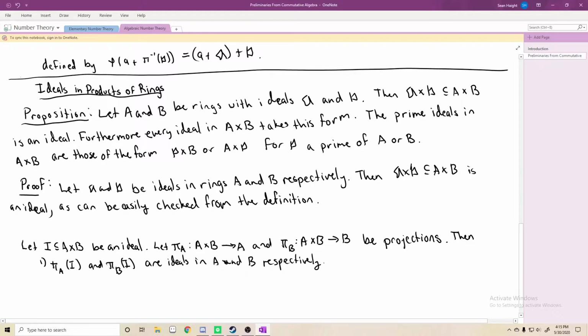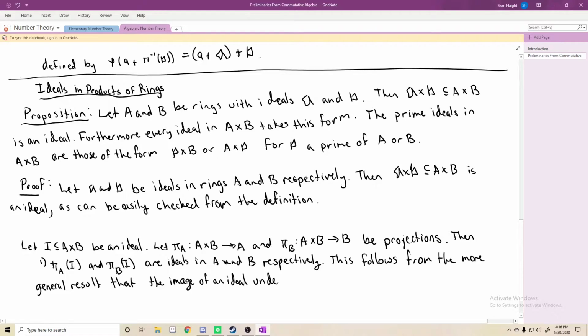This follows from the more general result that the image of an ideal under a surjective map is again an ideal.